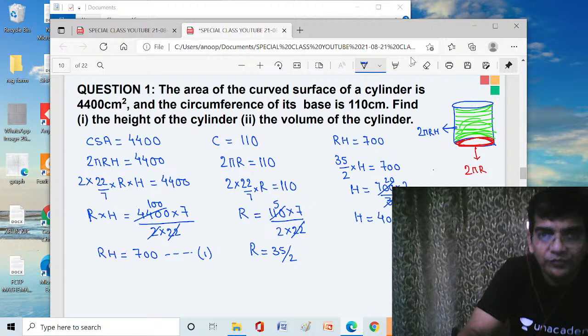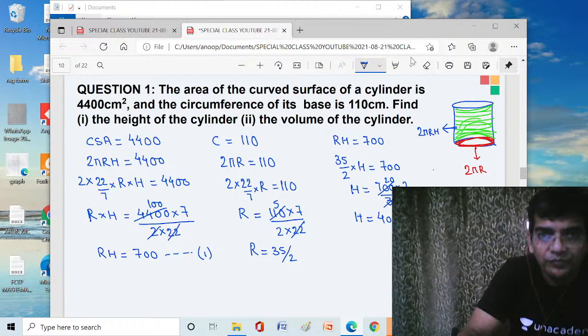So let's apply the formula for volume. The volume formula is pi r square h. So pi is 22 by 7, radius is 35 upon 2, into h, that is height, that is 40.